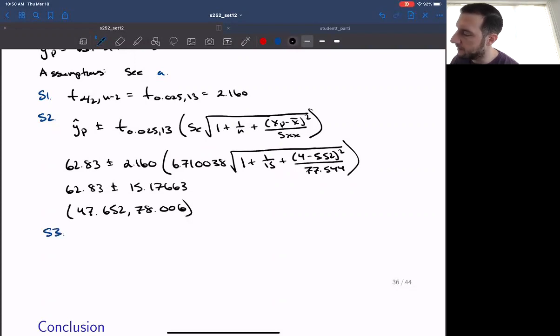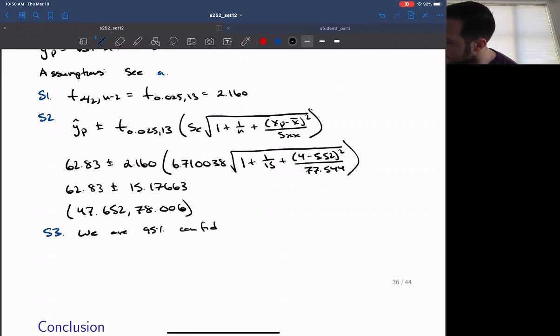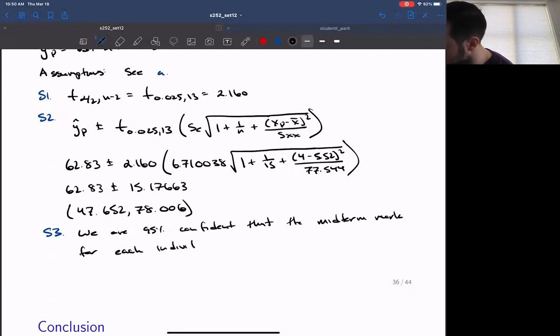Okay, so now we would say we are 95% confident that the midterm mark for each individual student.